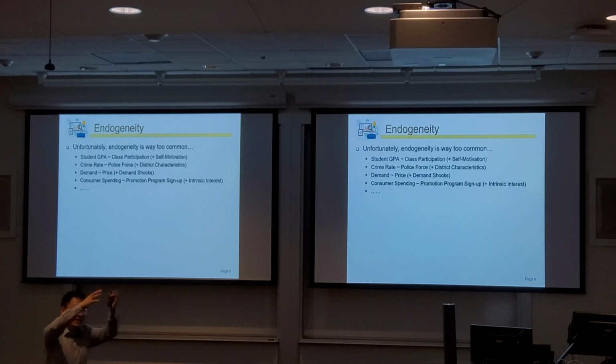But if you collect the historical data, demand and price of a product over time, and run the regression, what's the likely coefficient you get for price? Supposedly it should be negative, but you may end up observing a positive coefficient for price.